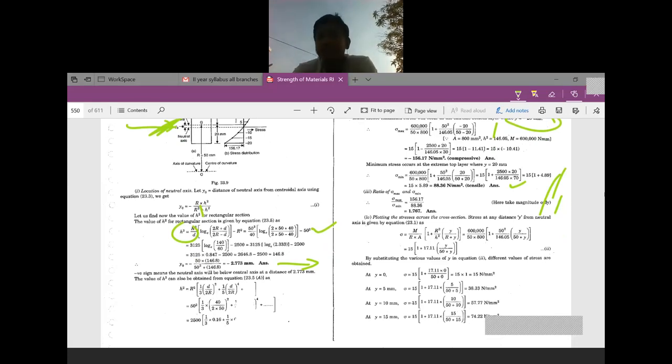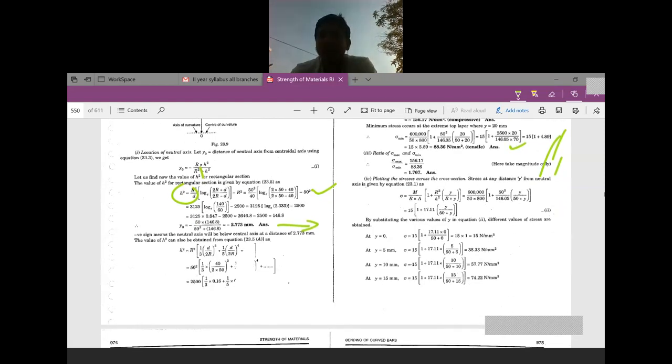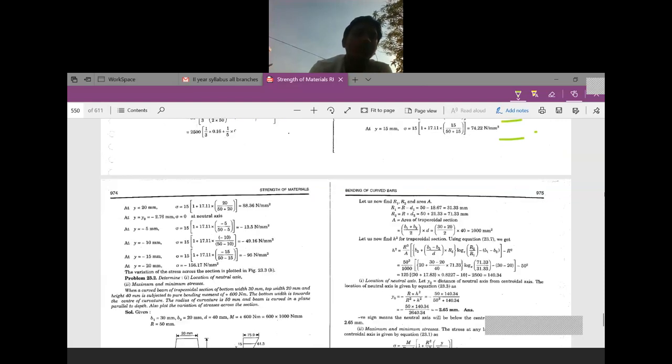Then plotting the stress across the cross section. The formula for stress is this one. Here you are considering the values of y. You substitute y equal to 0, y equal to 5, 10, 15, then y equal to 20. Then y equal to y naught, which is minus 2.76 mm. Sigma is equal to 0 at the neutral axis.